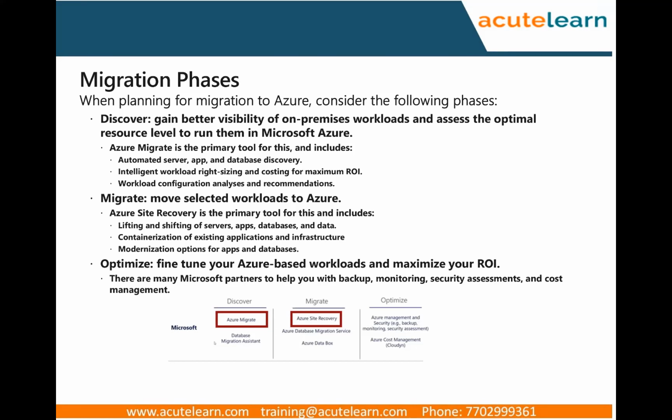We need to take at least the last 30 days to know the behavior of the virtual machine, how it is performing on-prem. So you decide, okay, let me discover it for a period of 2 months and understand the entire environment. Then let me assess the information.